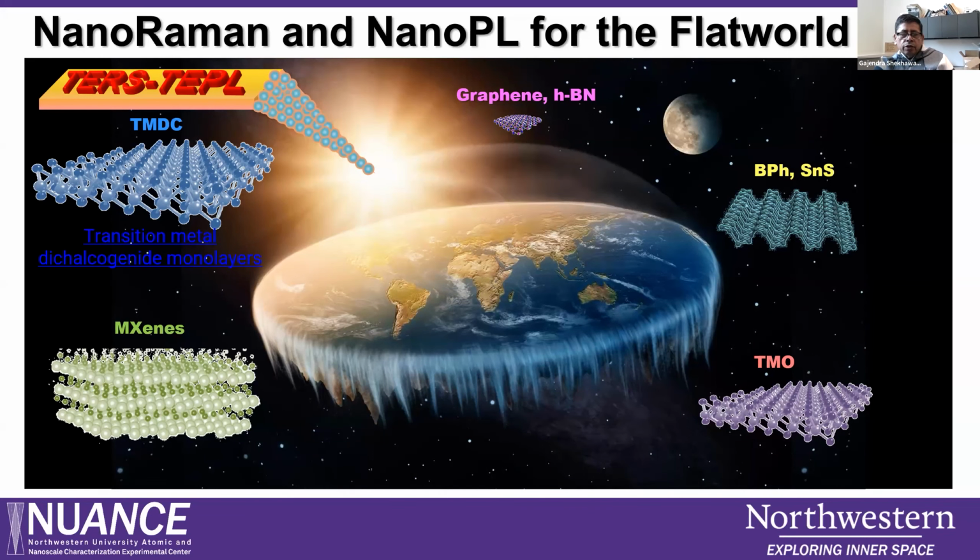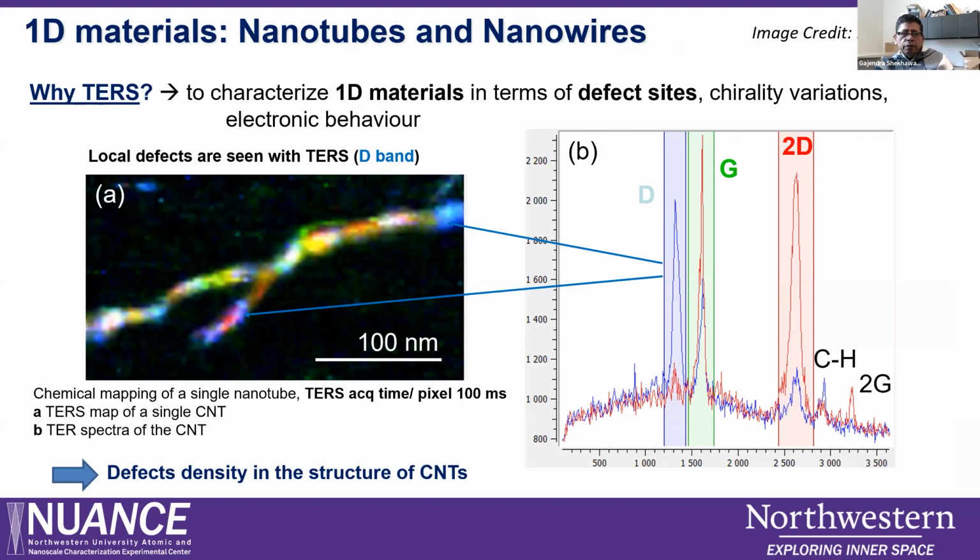So if you see here, this is an example of a 1D material, carbon nanotube. Why do we need to use TERS? Because obviously this requires a pretty high spatial resolution. And here you can see the example of a TERS map of a single carbon nanotube.